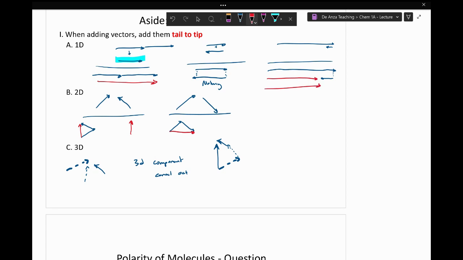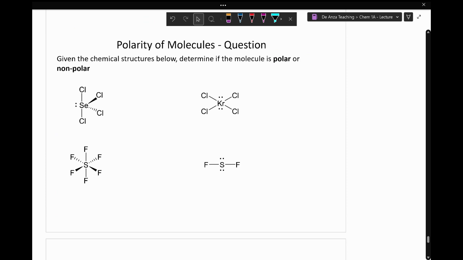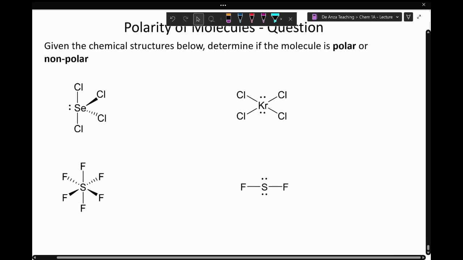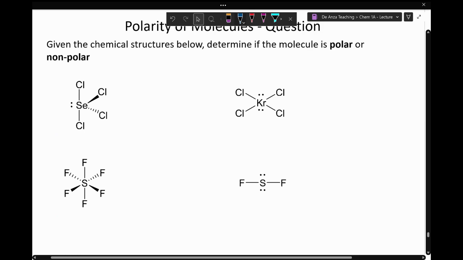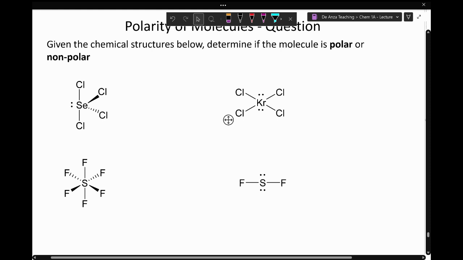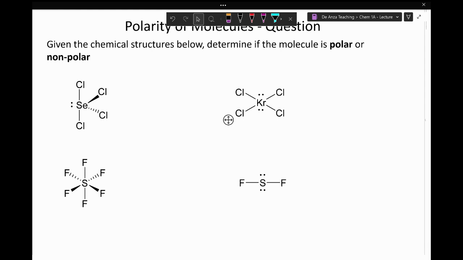Okay. And so when we're looking at molecules, I want you to take a stab at this. We gave the example of water and NH3. Now I want you to take the next minute or two to pause the video and then tell me what you think the polarity of each of these molecules is. And if it's pertinent to you, I'm going to write in those electronegativities. Chlorine is 3.1. Selenium is 2.4.